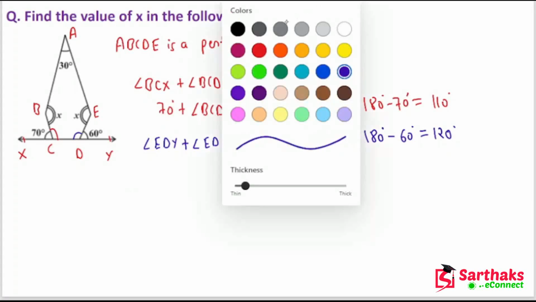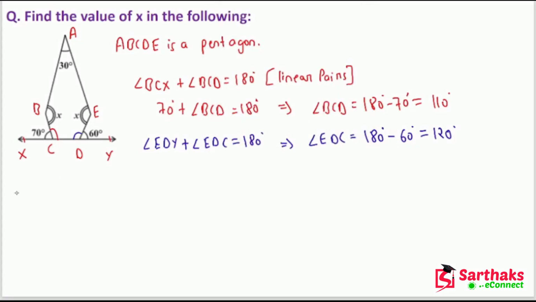Since ABCD is a pentagon, angle A plus angle B plus this angle BCD plus this angle EDC plus angle E, that is, the sum of all the 5 angles would be 540 degrees.